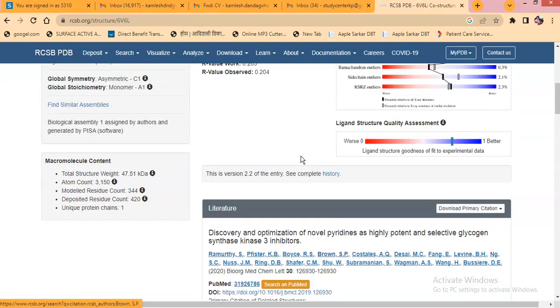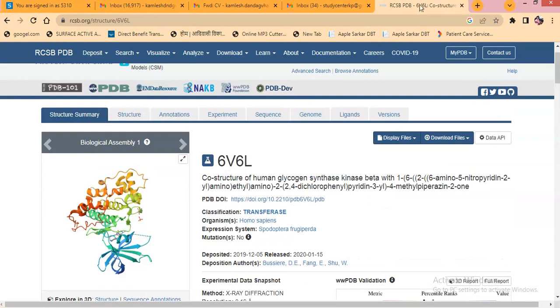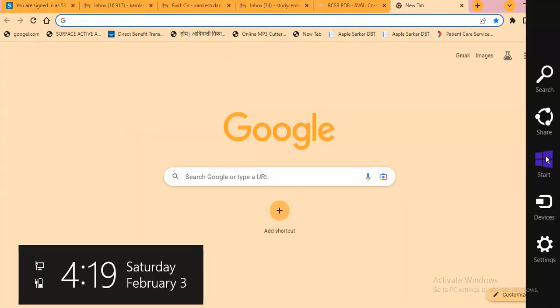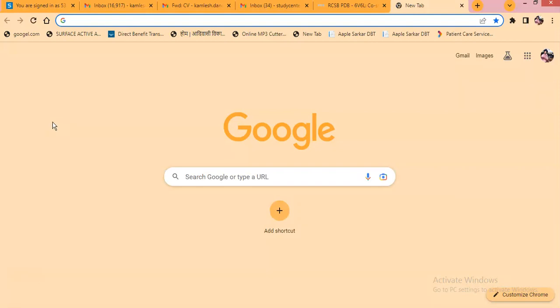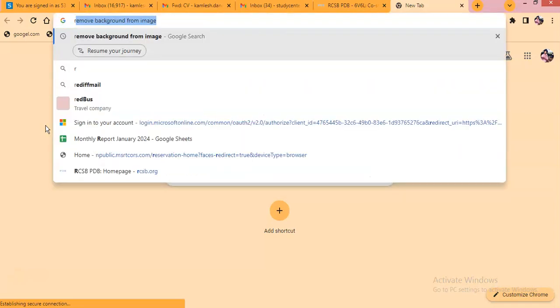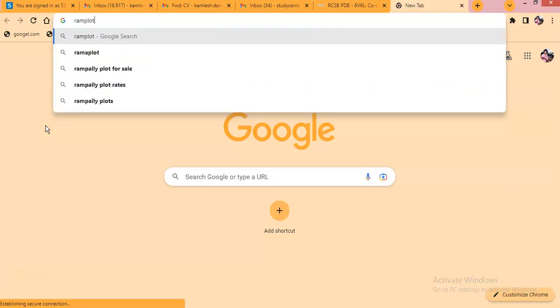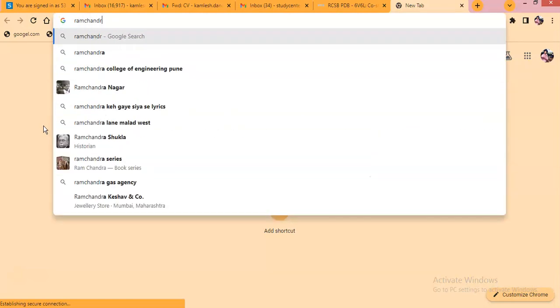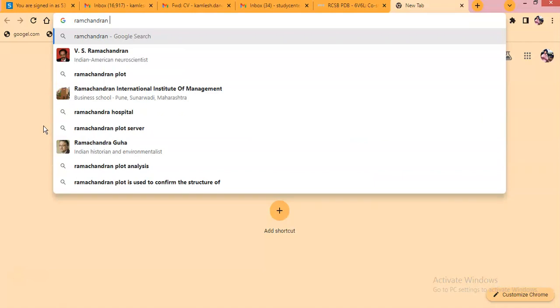As I told you, there is one assessment to check the quality of the protein, called the Ramachandran plot. So we can click on Ram plot, or you can search for Ramachandran plot.